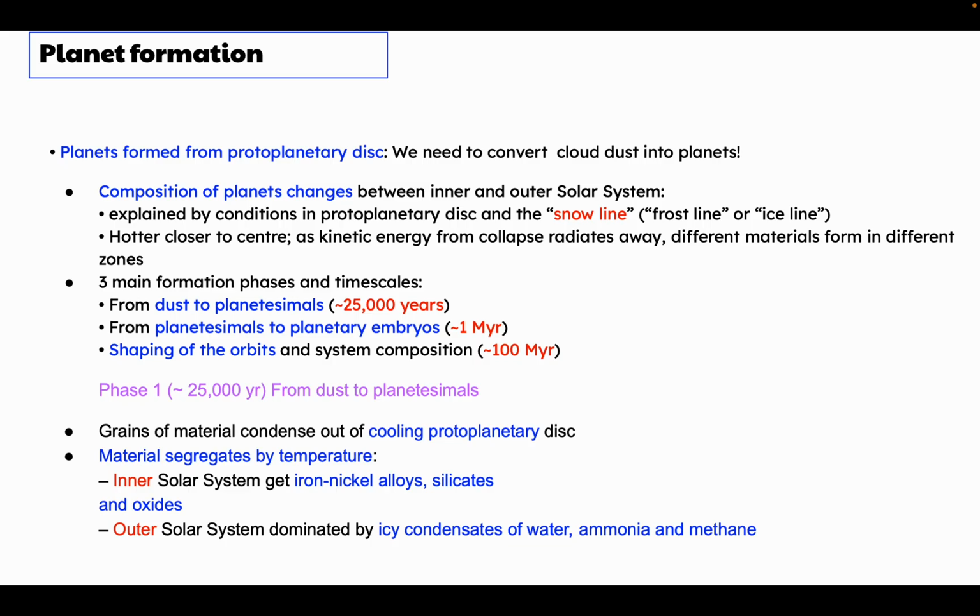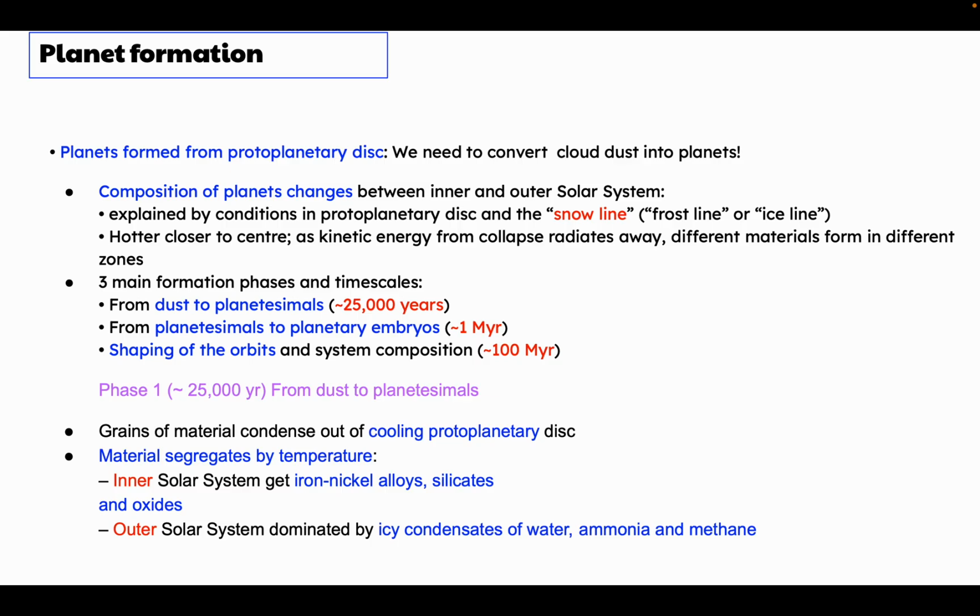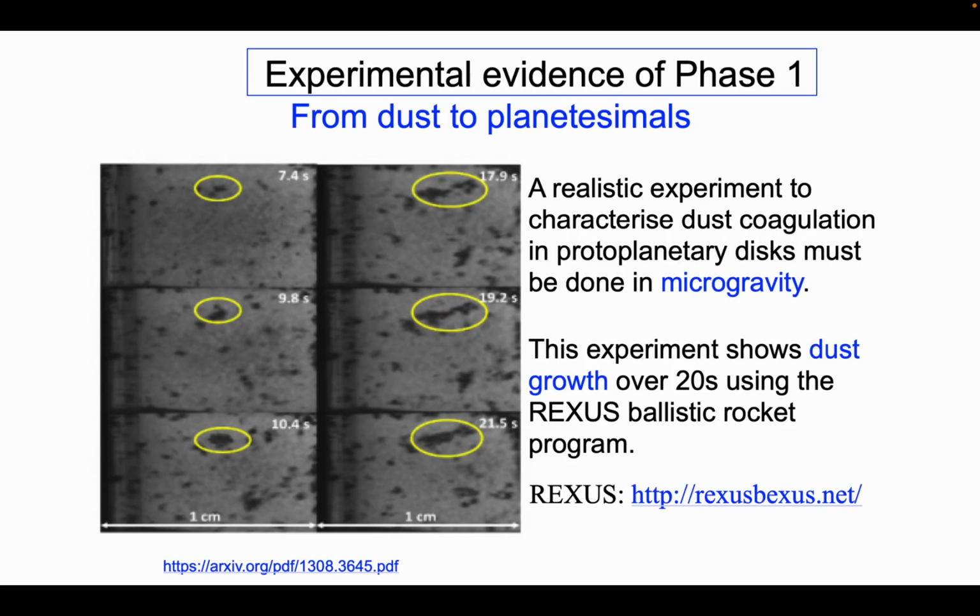This is one of the key things: planetary scientists with knowledge of the motion of dust study how the planets form from different kinds of material. So this was the result of a lab test.